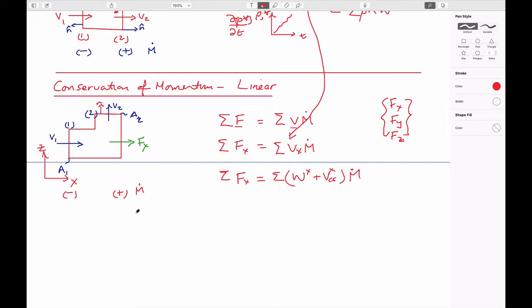But velocities are in an absolute sense, so they conform to the coordinate directions. This is in the positive x direction, so this would be positive. And this would be in the positive, in this particular case, the z direction, so this would be positive as well. Just make a note that this is in the z direction and this is in the x direction. I think you get the picture regardless.